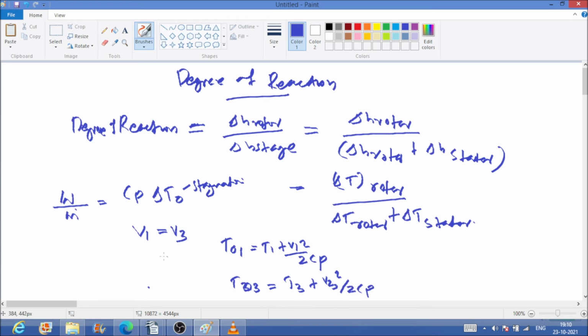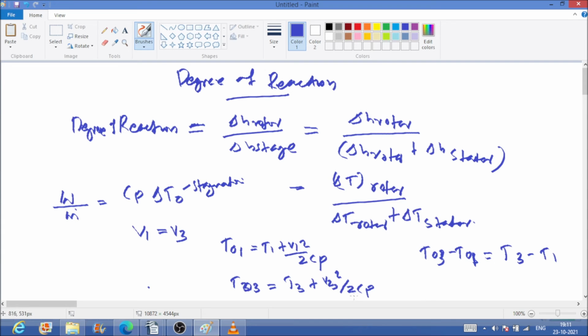Now suppose that V1 is equal to V3, then this will get cancelled out. So T03 minus T01 is actually equal to T3 minus T1. If you use the steady flow energy equation also, you will understand that. Previously we have done the same thing.